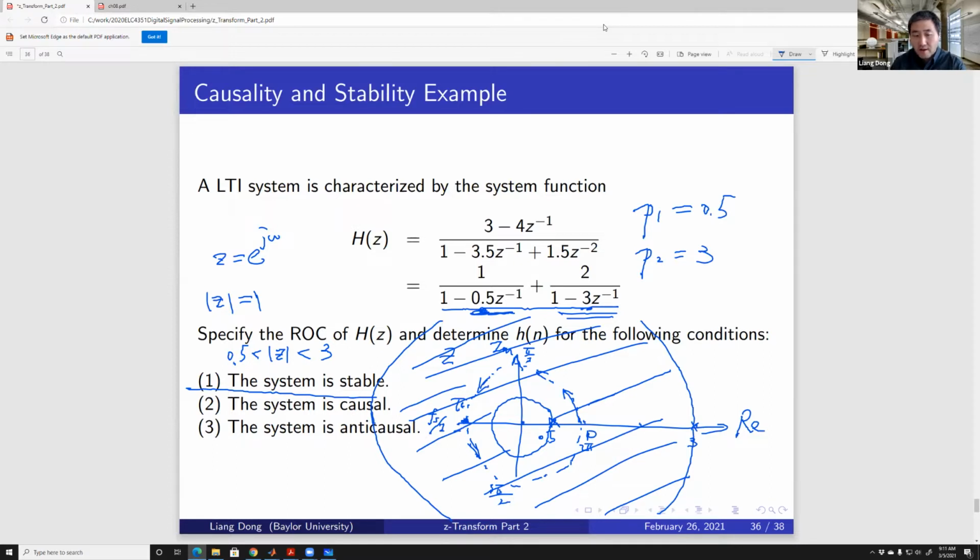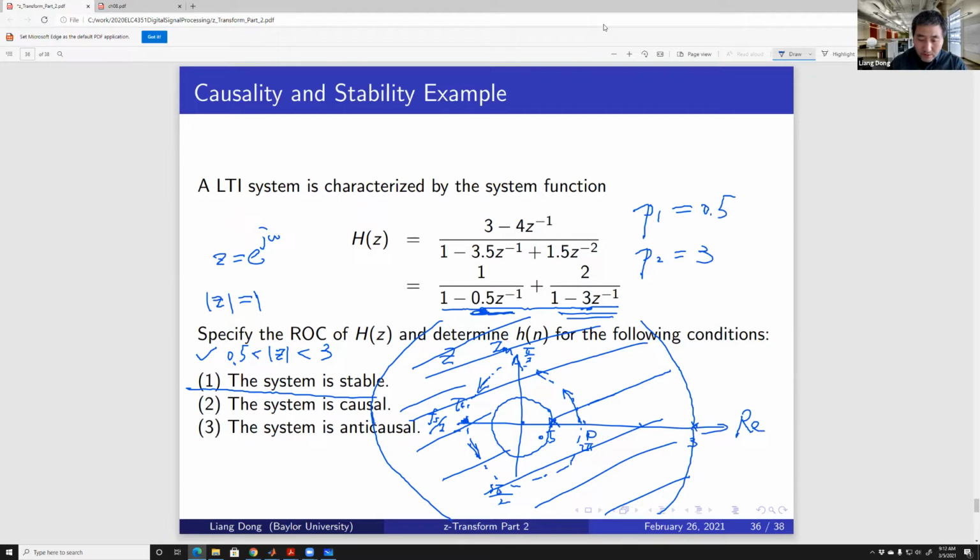Of course, I need to use strictly less than, because this point is the pole. The pole is not in the region of convergence, so when you talk about the region of convergence, you have to exclude the pole. You need to use a strictly less than sign here. So this is okay.